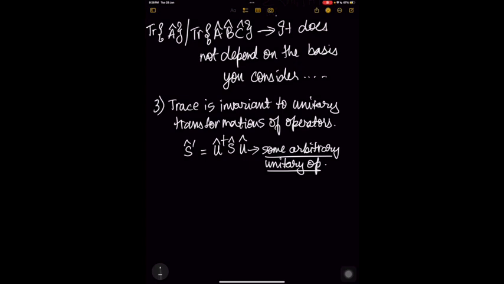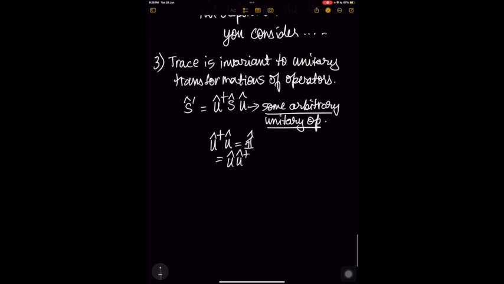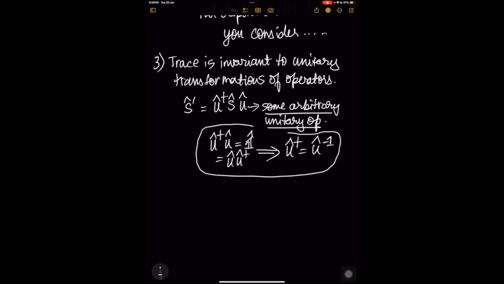Unitary operators are defined such that U hat dagger U hat is equal to identity, and this is also equal to U hat U hat dagger, which to summarize very simply would be U hat dagger is equal to U hat inverse for unitary operators. So this is very simple matrices knowledge or very simple quantum mechanics knowledge.